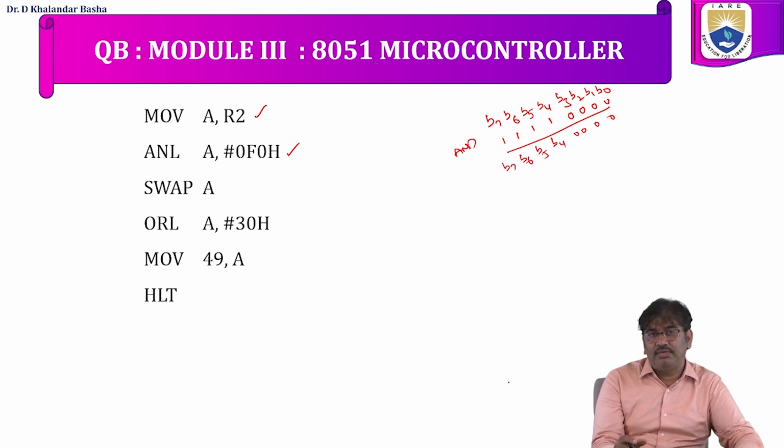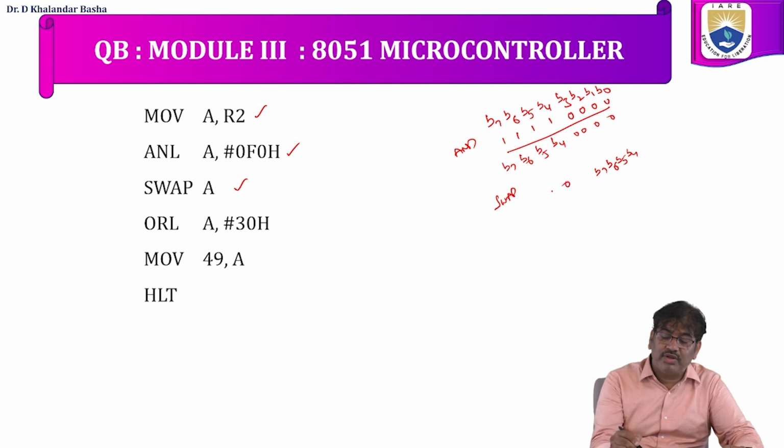Now in this data we want to exchange the lower 4 bits with the upper 4 bits. For that, we can use the SWAP operation. When you swap, the lower 4 bits are exchanged with the upper 4 bits. After the swap operation, the lower bits will be B7, B6, B5, B4, whereas the upper 4 bits are 0, 0, 0, 0.